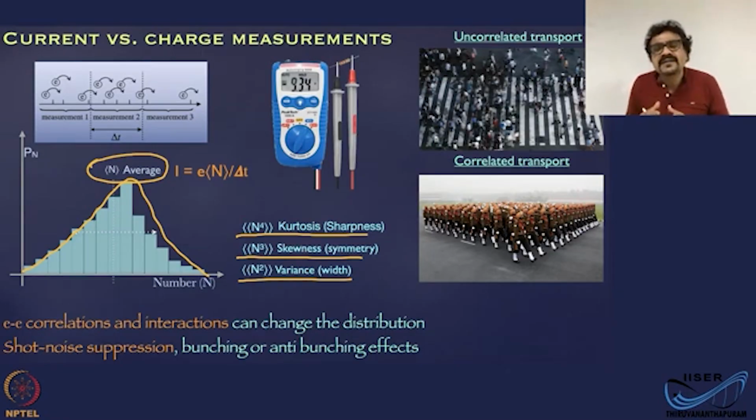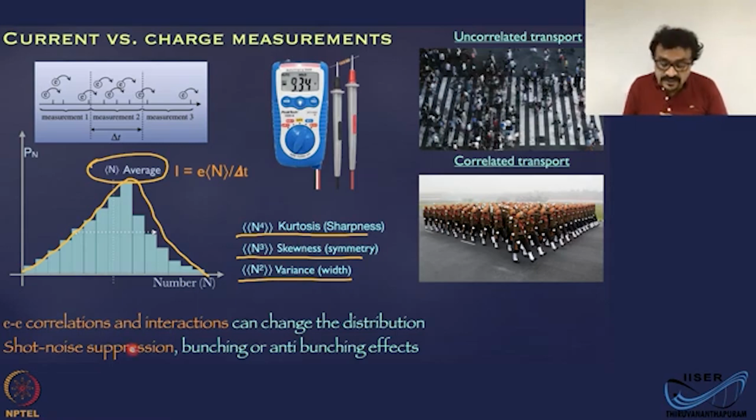All these are very, very relevant parameters whenever you have correlated transport of electrons. You can have interesting phenomena such as shot noise suppression, bunching and anti-bunching effects. All these things are there whenever there is a correlation built into it.